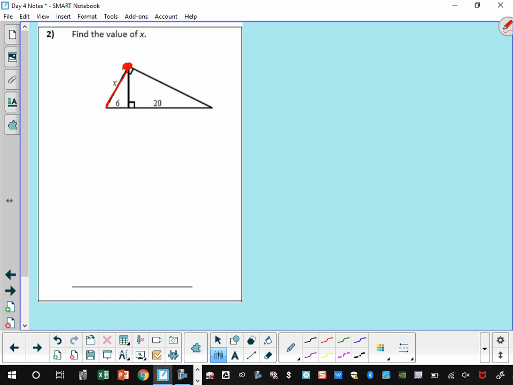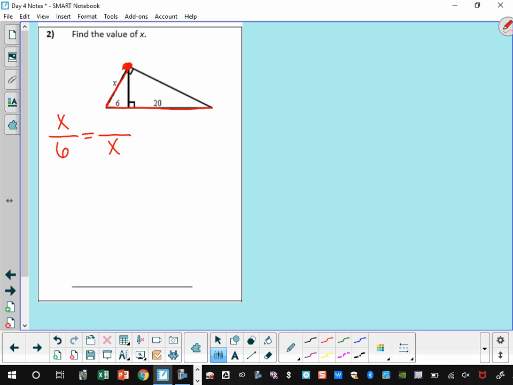Which direction can I go, left or right? I can only go right. I can go right until I hit this first roadblock. So I've already started my geometric mean. I can go right for 6, or I can keep going past the roadblock.